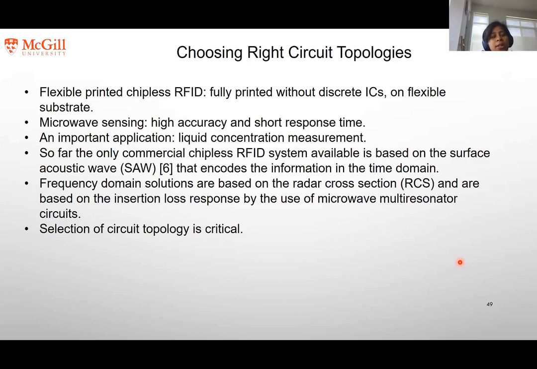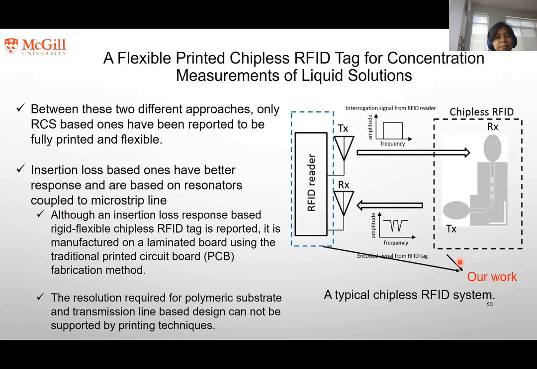So far the commercially available chipless RFIDs are based on SAW sensors, but these are all time domain. In the frequency domain, people have used radar cross-section based designs or insertion loss based microwave multi-resonator circuits. I'll show you why the selection of topology is so important.